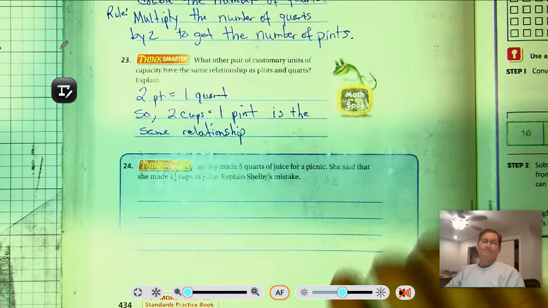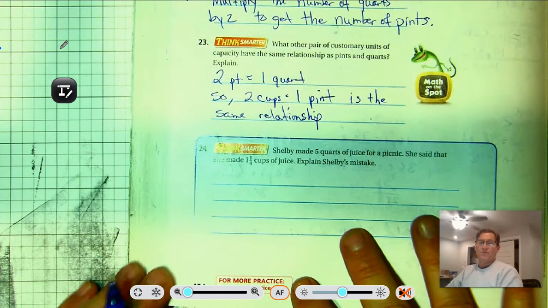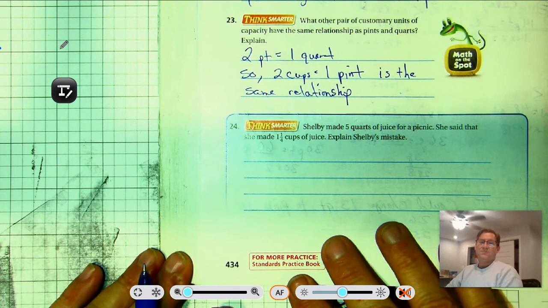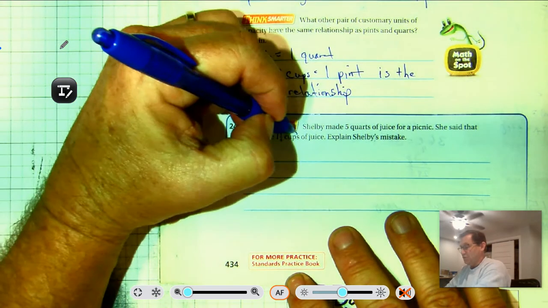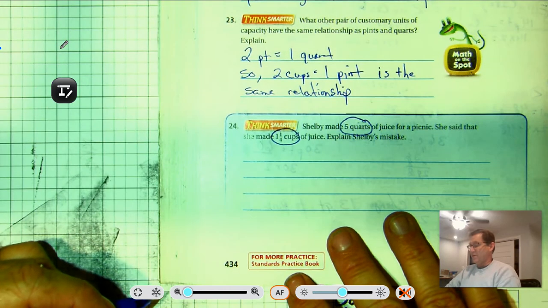All right, in 24. Shelby made 5 quarts of juice for a picnic. She said she made 1 1/4 cups of juice. Explain Shelby's mistake.